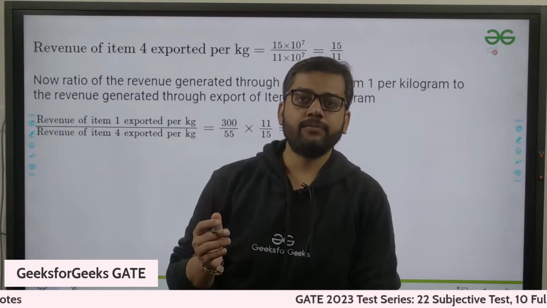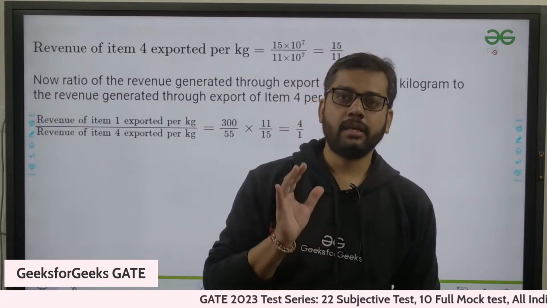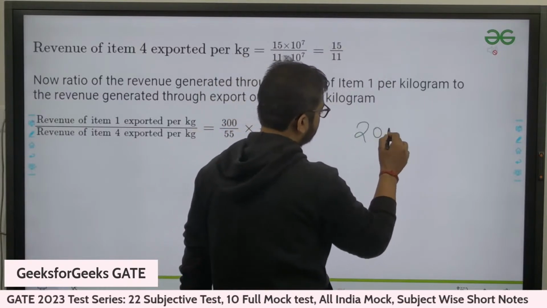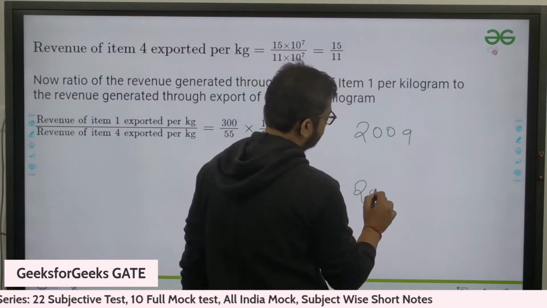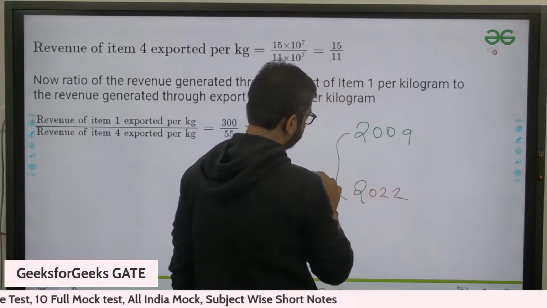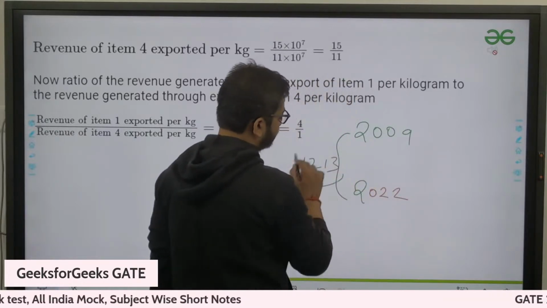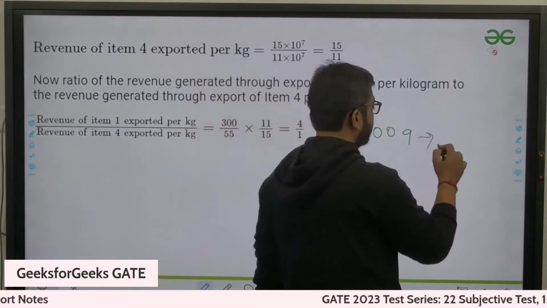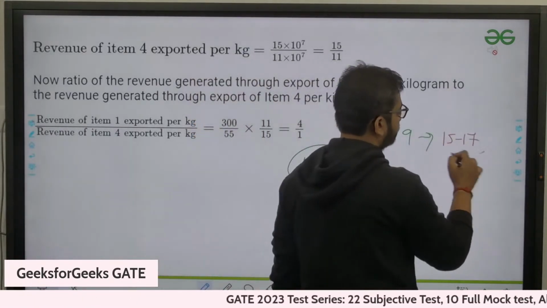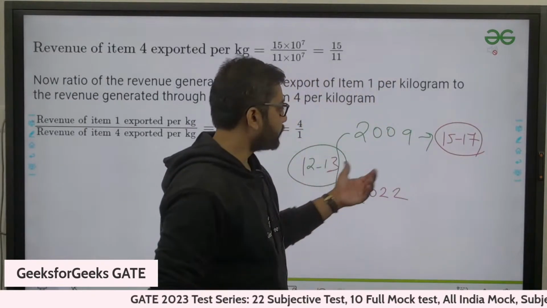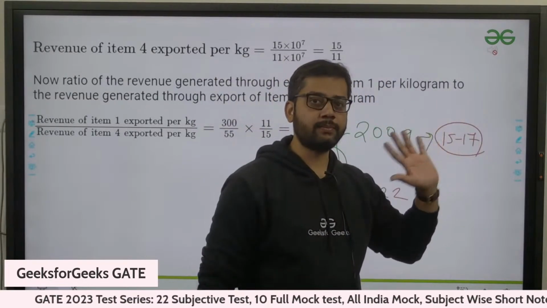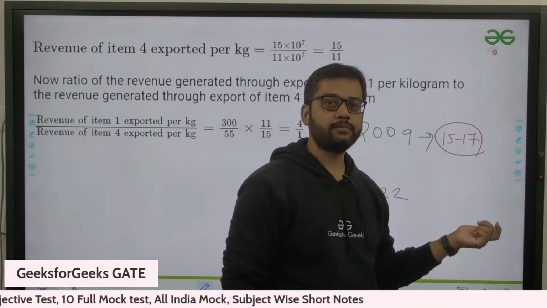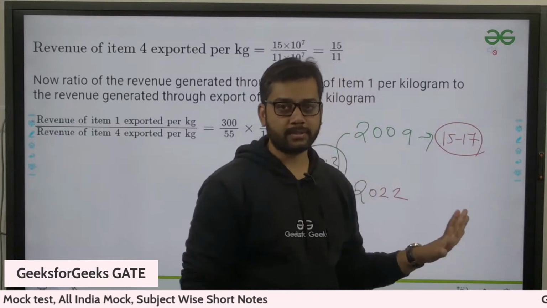If you go through the question papers from 2009 to 2022, about 12-13 years, every year they ask 15 to 17 question papers. So at least 150-160 papers are there as per the GATE portal. IIT Kanpur GATE portal has 150-160 papers.